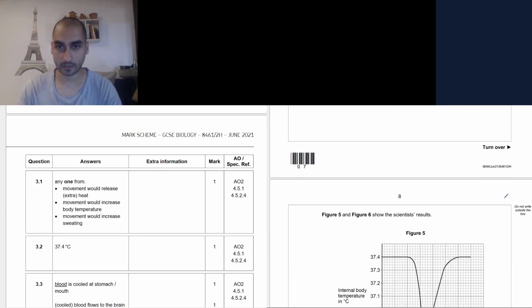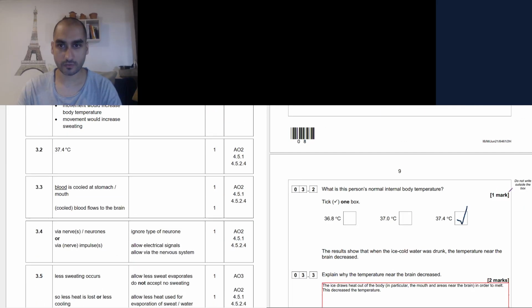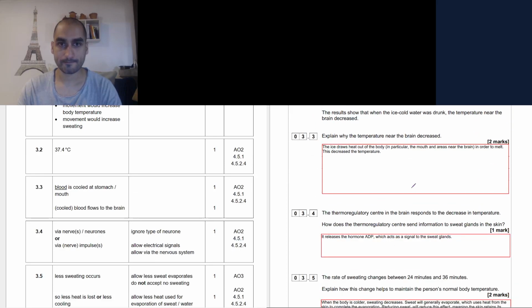Wow, I'm actually doing well. 37.4, correct. Blood is cooled at the stomach or mouth. Blood flows to the brain. I didn't mention blood. It's what I was alluding to, but I didn't actually mention blood.